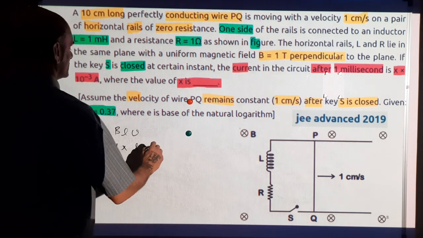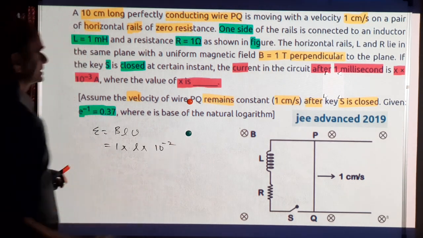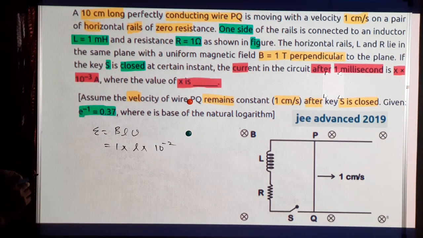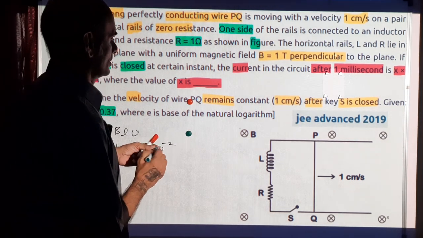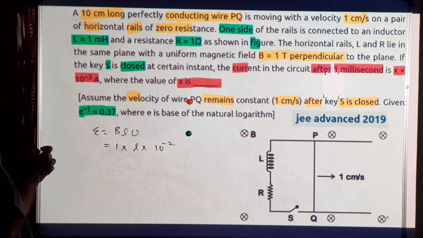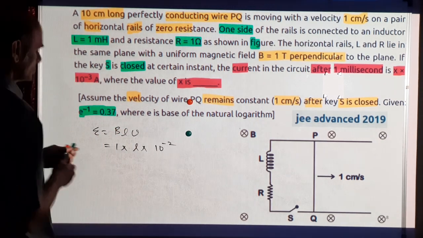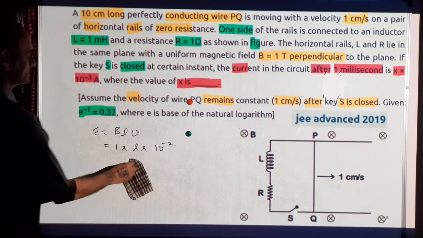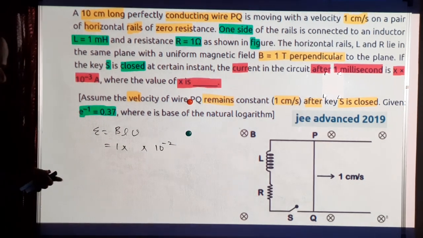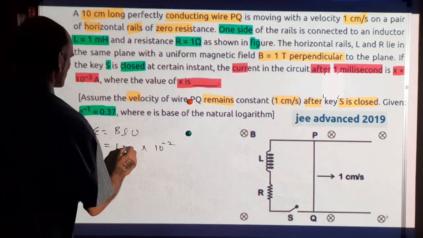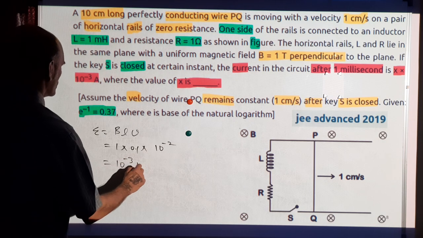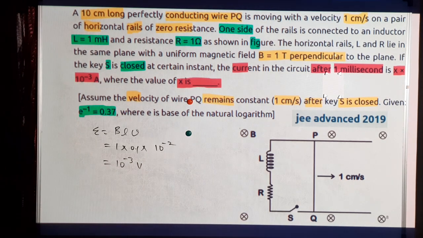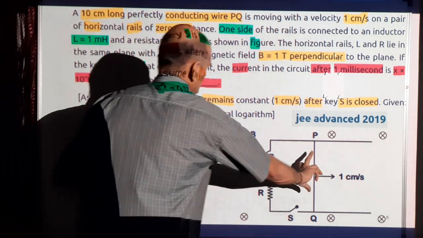So it will be 10 raised to minus 2 in SI units, centimeter to meter conversion. So this much is the induced EMF. The length is 10 centimeter, so L is 0.1 meter. So it's 10 raised to minus 3 volts or 1 millivolt. So this is the EMF induced across this rod.